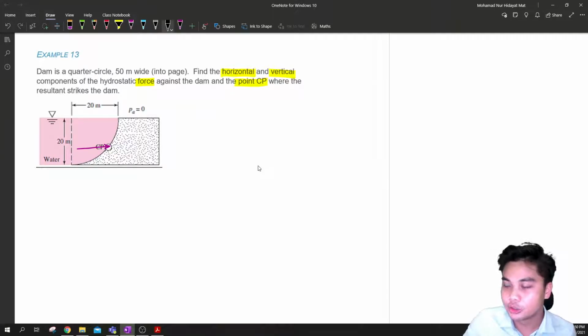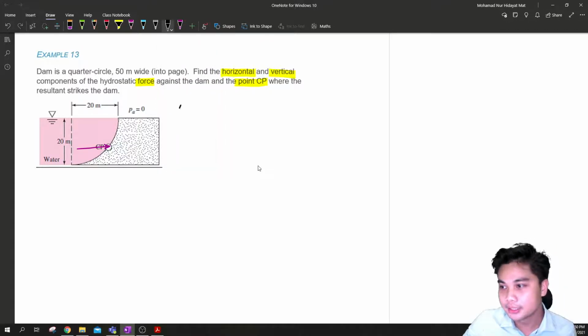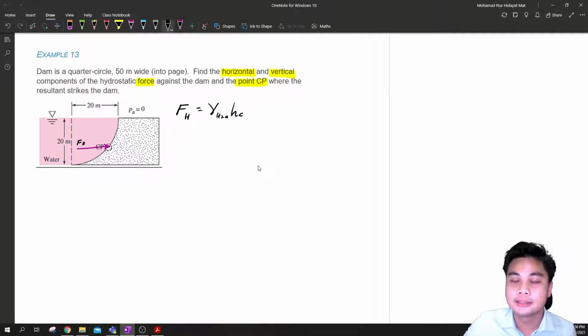First we need to find the magnitude of the horizontal force, which is FH. You can see here FH equals gamma of water multiplied by hc, the height from the surface to the centroid, and then multiplied by the area.